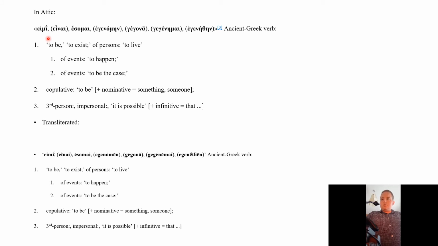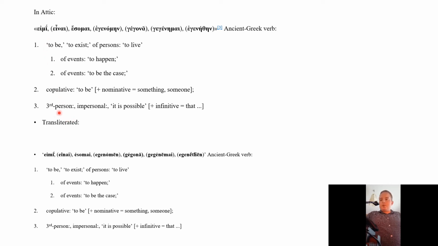So we'll say that again, copulative verbs join a subject and a predicate object, and both of these are in the nominative. The subject is in the nominative and the predicate object is in the nominative.